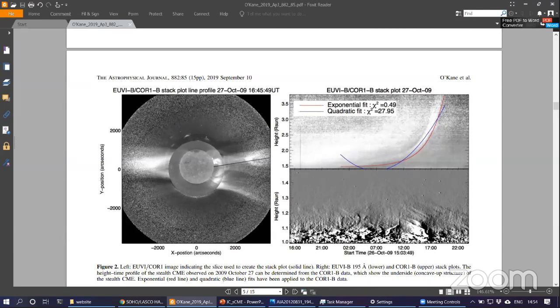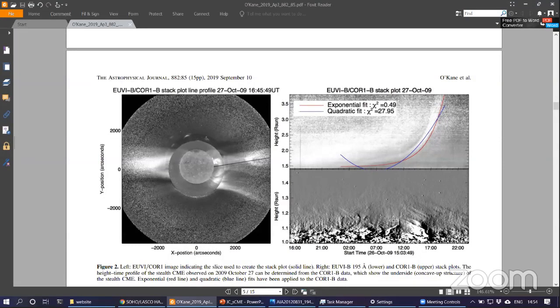Since the main aim was to look at the lower height signatures of these kinds of eruptions, the stack plot for the UV images, the lower boundary, is also plotted here. You can see that at the same time when the CME reached the accelerating phase, the sudden rise phase, there was a brightening in the UV images.